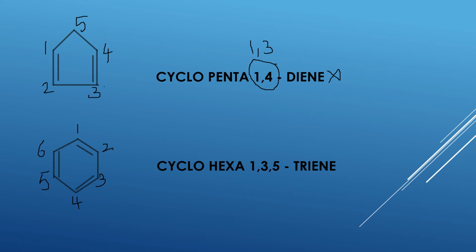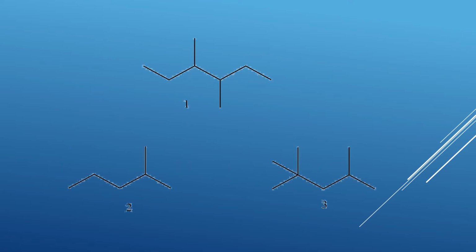Okay. Then coming to these compounds, here we have 3 compounds. How to give the name for this? Just see how many carbons are there. In the first one we have totally 6 carbons. 6 carbons are having some substituents. Methyl group, both the substituents are same. So dimethyl we can write.